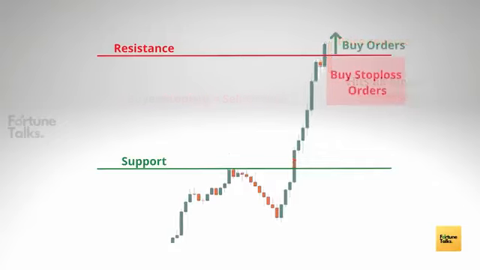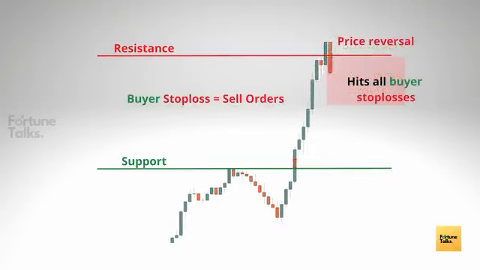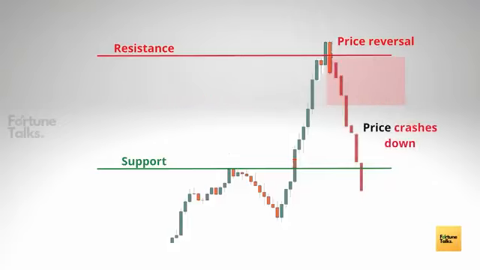And what exactly are these clusters of stop loss orders waiting under the resistance level? They are simply orders to exit the market or square off the positions kept by those breakout traders who went long on the stock. This in turn means that these are actually sell stop loss orders which will induce further selling pressure in the market.